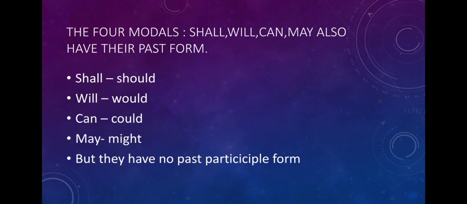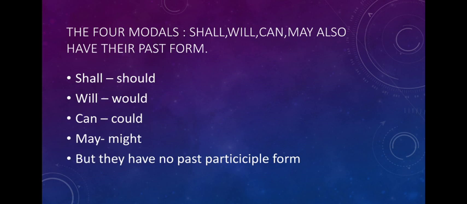The four modals. Now we know what modals are, right? We have learned this one. So these four modals, shall, will, can, may, also have their past form. Remember the three forms of a verb, right? Present tense, past tense, and past participle.